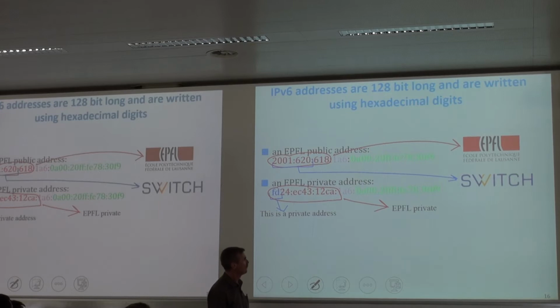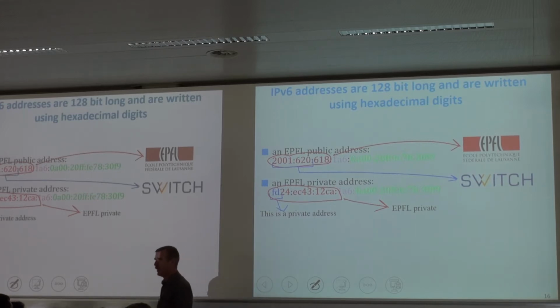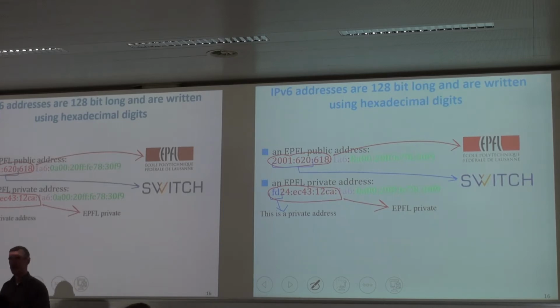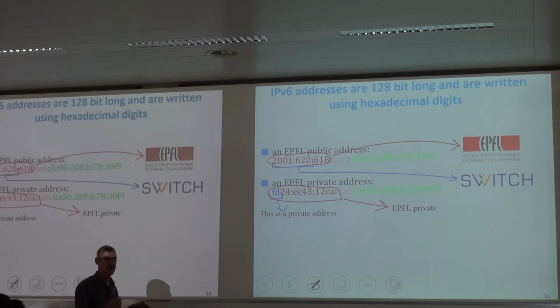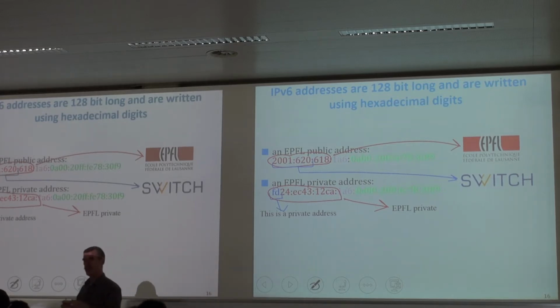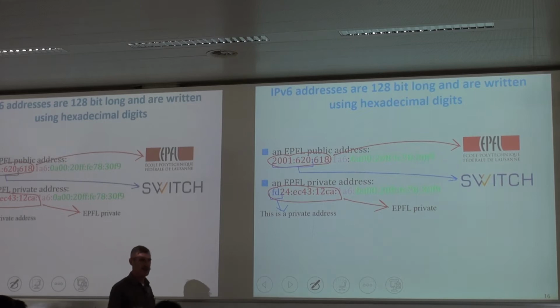In particular, you see here that the green part is the same for the public and for the private address. So if an address is private, like happens typically in a company, many companies use private addresses, the 10 dot something, like the EPFL public wireless LAN uses. And of course, Nestlé uses the same 10 as UBS. Or let's say UBS and Credit Suisse might use the same 10 dot something addresses.